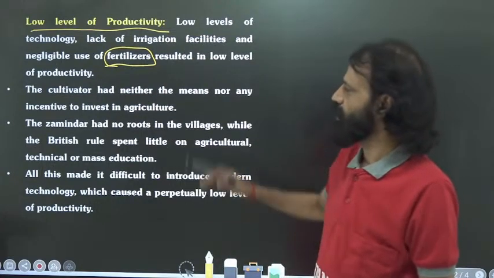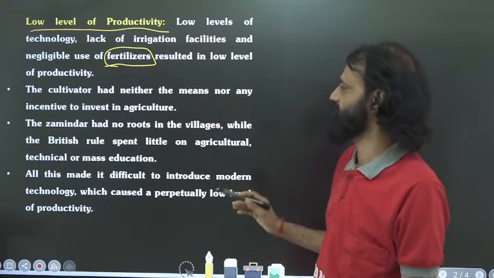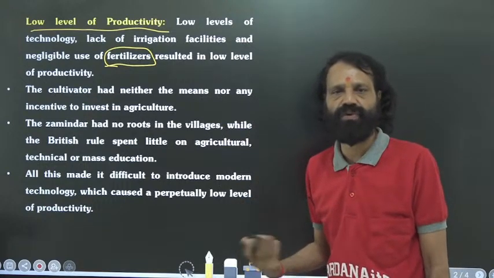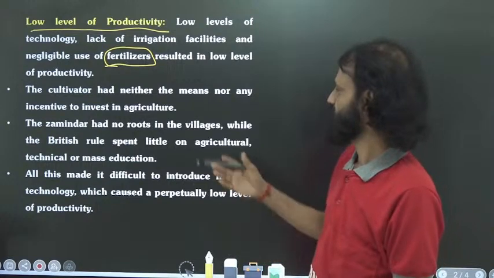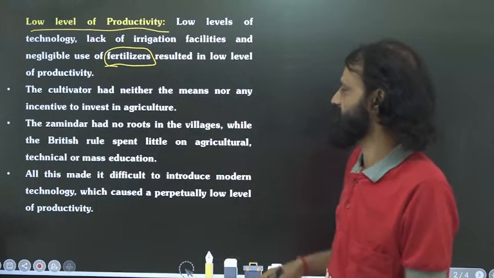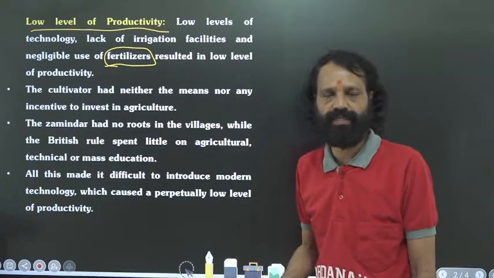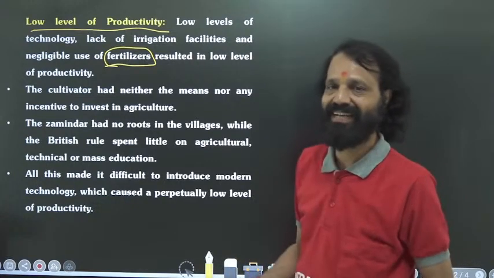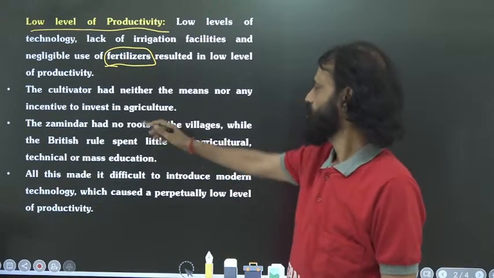Okay. So the cultivator had neither the means nor any incentive to invest in agriculture. The cultivator means the farmer, okay, or the peasant, didn't receive any incentive to invest in agriculture. There was not enough money in their hands. Okay, so the British government didn't encourage them, they didn't offer any incentives to the farmers.